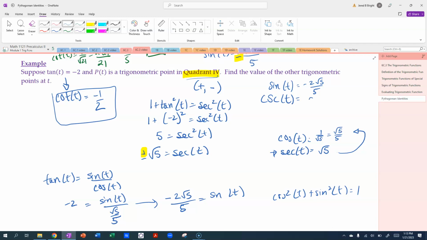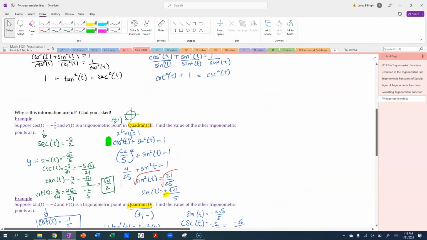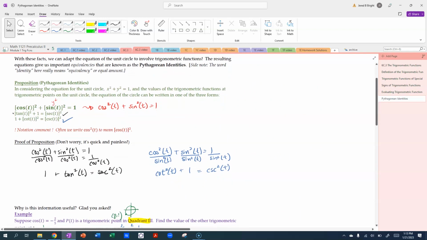Okay, take the reciprocal, 5 over 2 square root 5. And if you simplify this, negative, you get negative square root 5 over 2 for cosecant. Okay, so there we go. Again, the big punchline here are the Pythagorean identities. Make use of those whenever you're given one trig function and you need to find more.